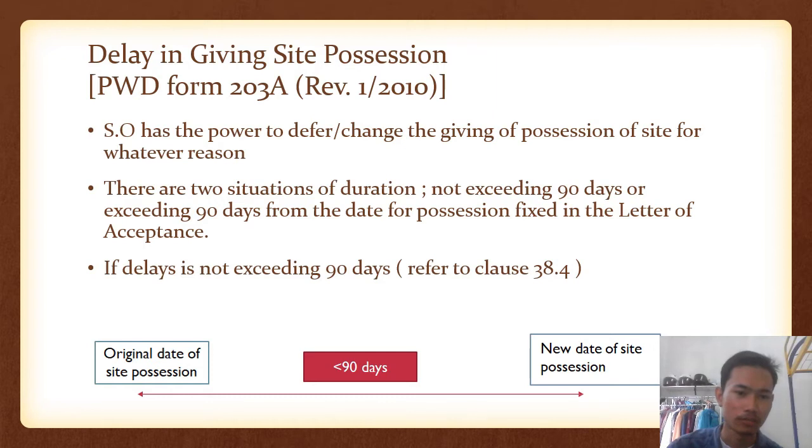The first delay is not exceeding 90 days under clause 38.4. The time given for the delay from the original date of site possession is less than 90 days until the new date of site possession.